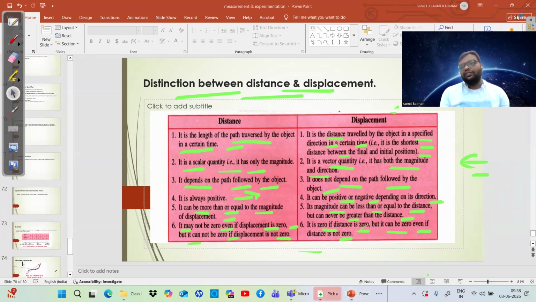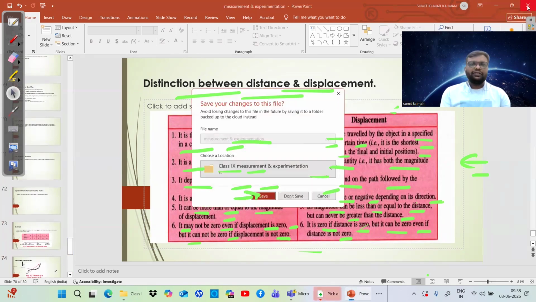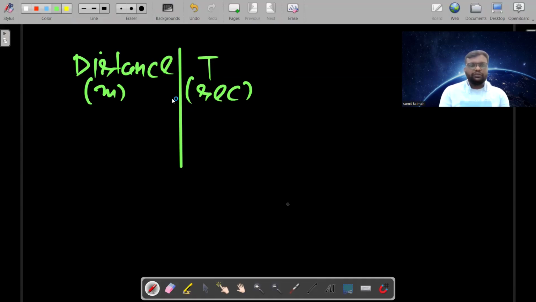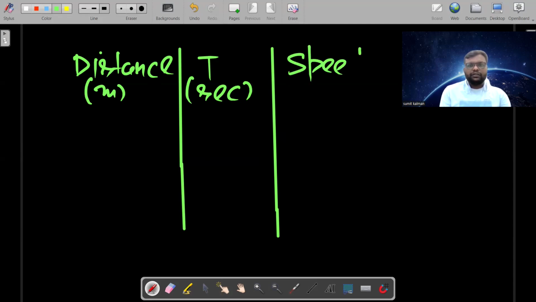Let me open another slide. This is speed. The unit is meter per second.